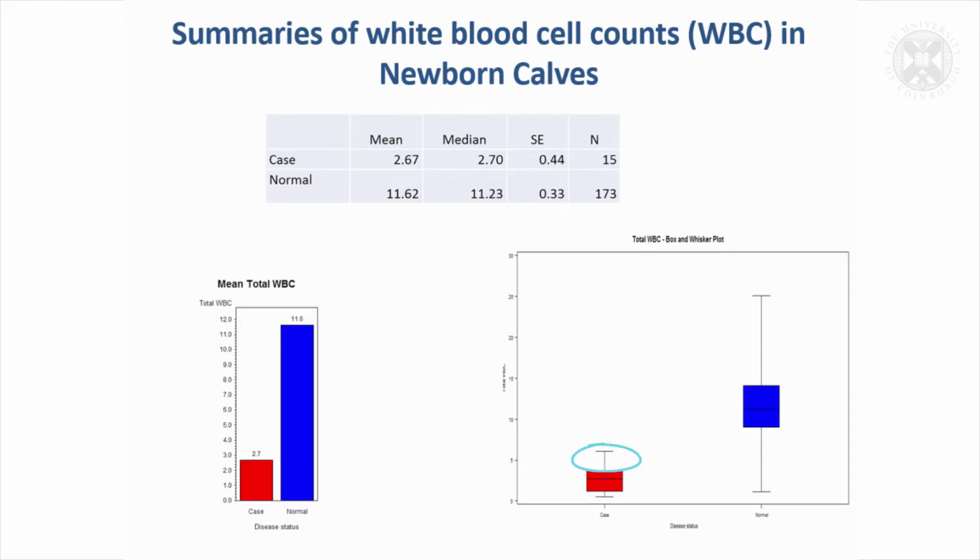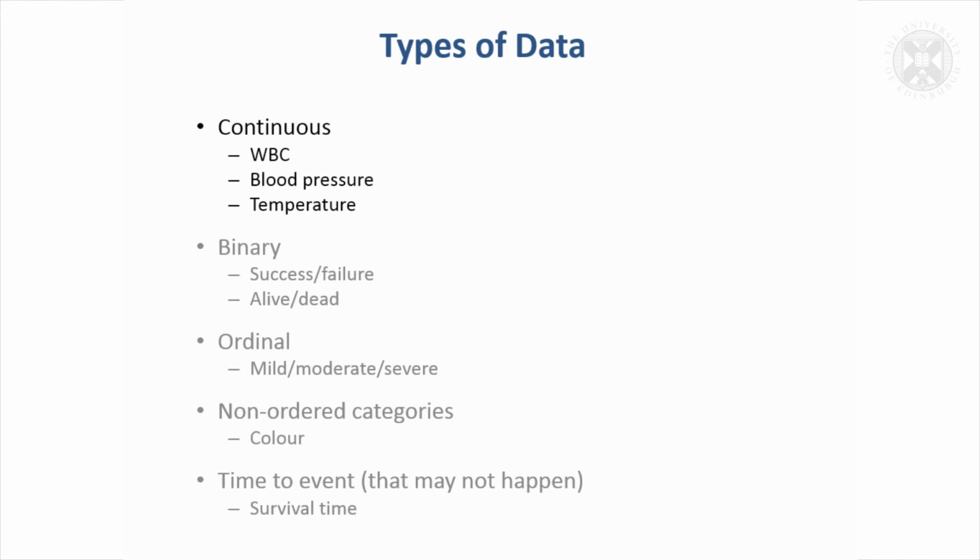So this top point is the point above which a quarter, 25% of the data lie, and the bottom point of this red bar, 25% of the data lie below that, and then the minimum and the maximum are also plotted. So you visually just get an idea of what the distributions of the cases and the normals were, because you don't completely get that from just looking at means and standard errors and medians. Lots of different ways you can actually summarise the data.